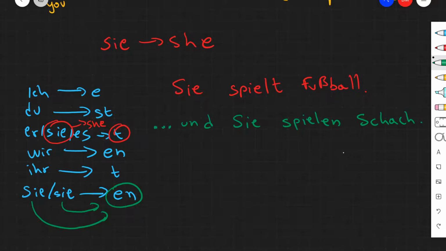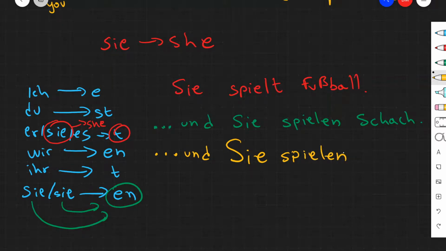Und sie spielen Schach. Let's take the same example, but now with another color. Und, let's make a big S, a capital S. Und Sie spielen Schach.